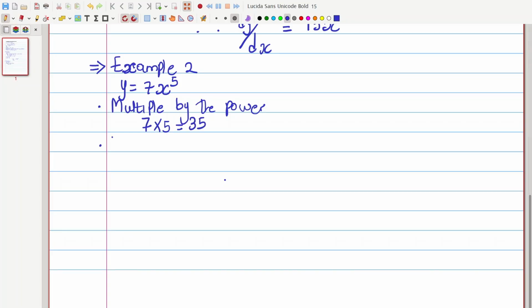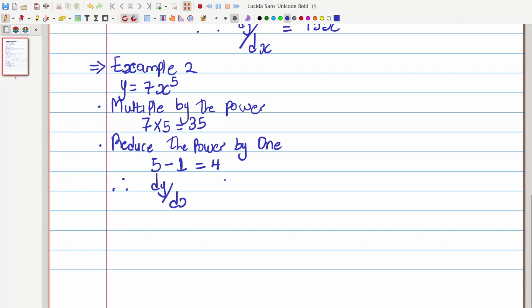The next step, reduce the power by 1, which is 5 minus 1 gives 4. Therefore, dy/dx is equal to 35x raised to power 4.